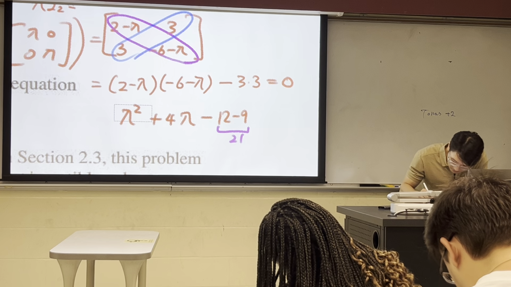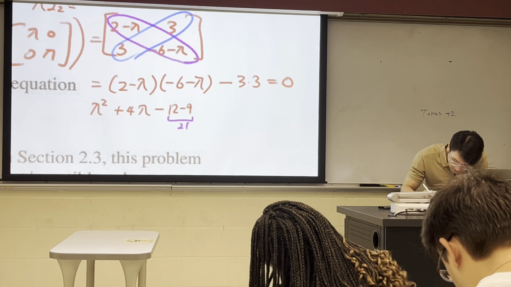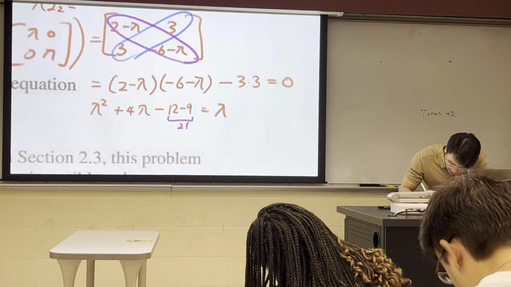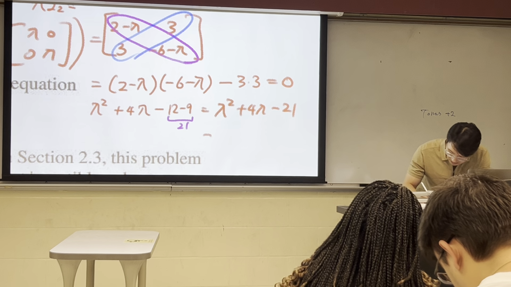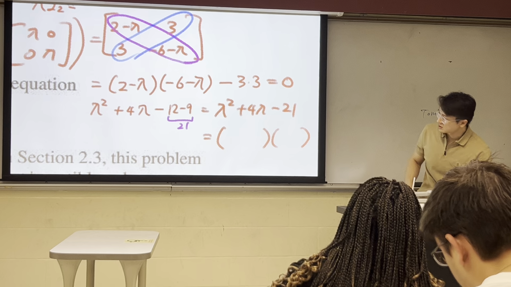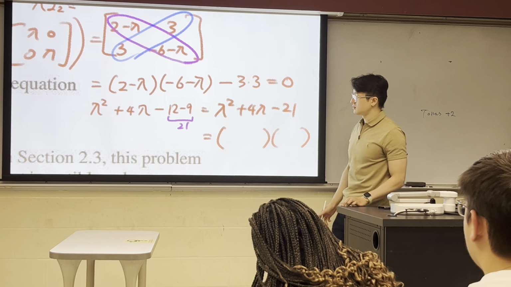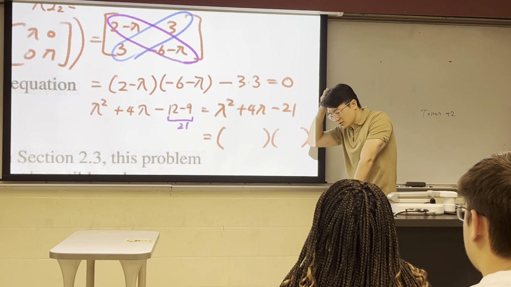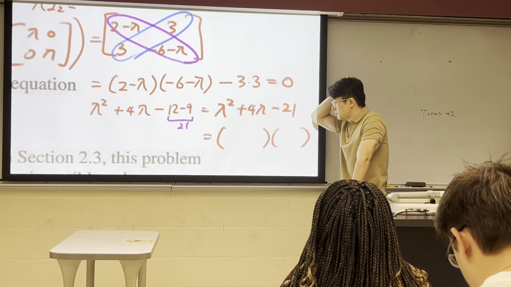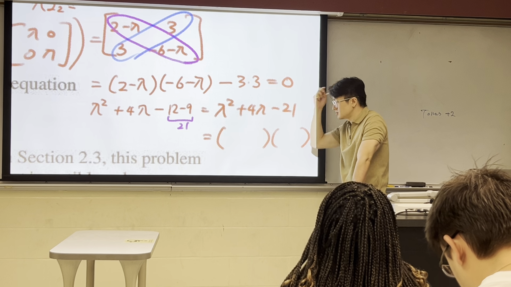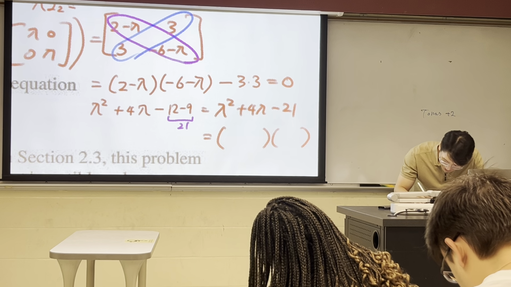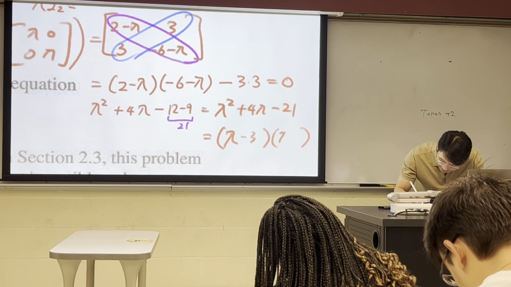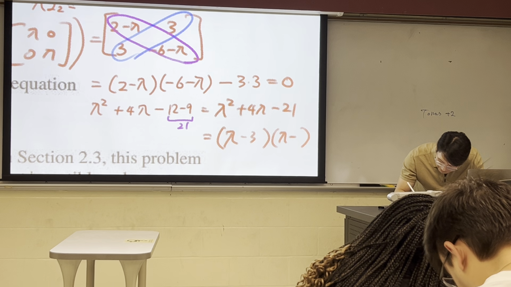So lambda squared plus 4 lambda minus 21. And what is this? What was it? I forgot the name.